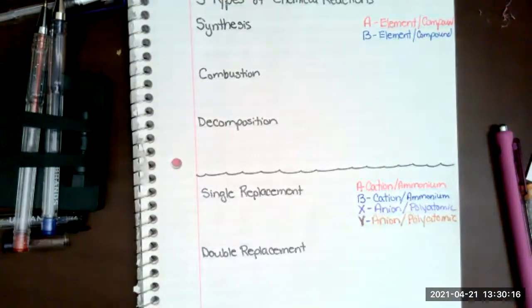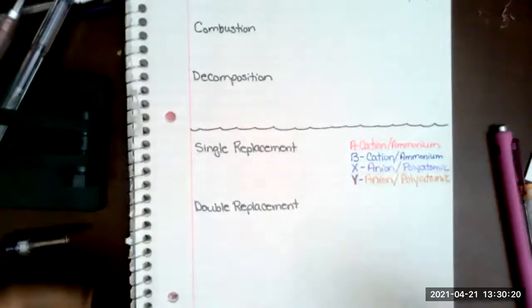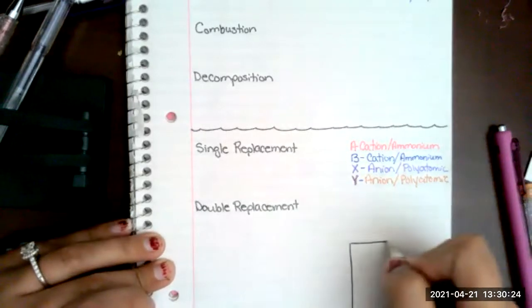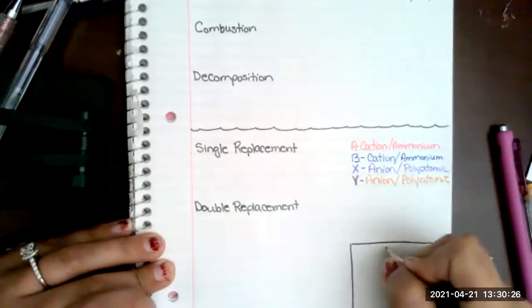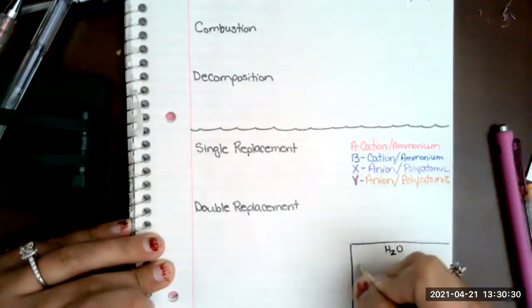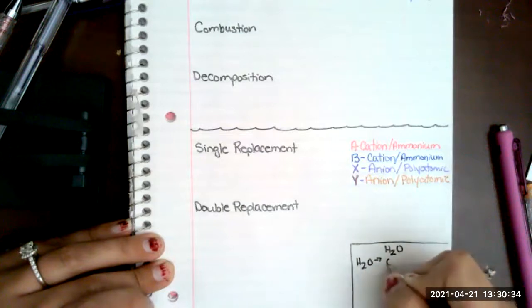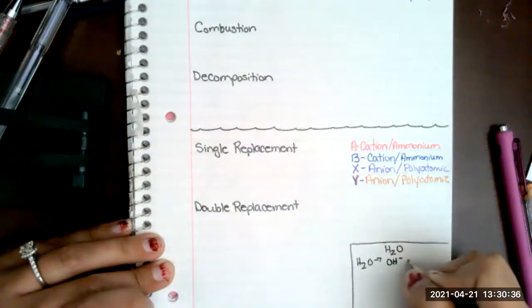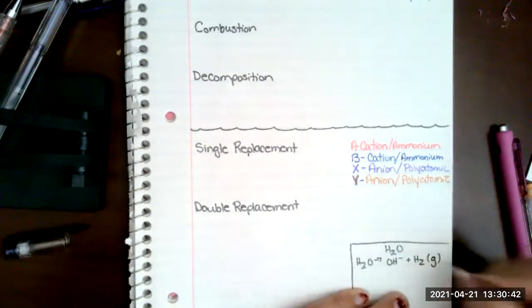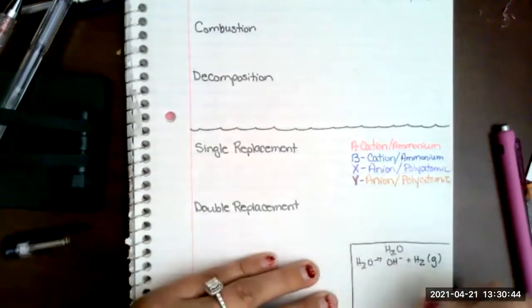Okay. Another important aspect that we're going to look at, I'm going to put a little box down here, is H2O. So H2O can split into OH and H2 gas. And then you can go the other way.